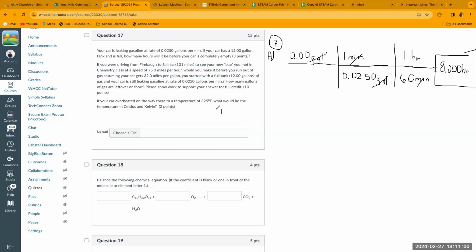Part B. Okay, so this is a little confusing.